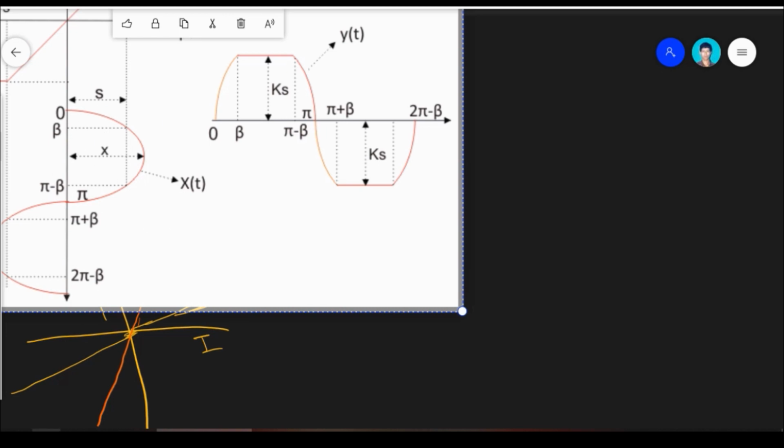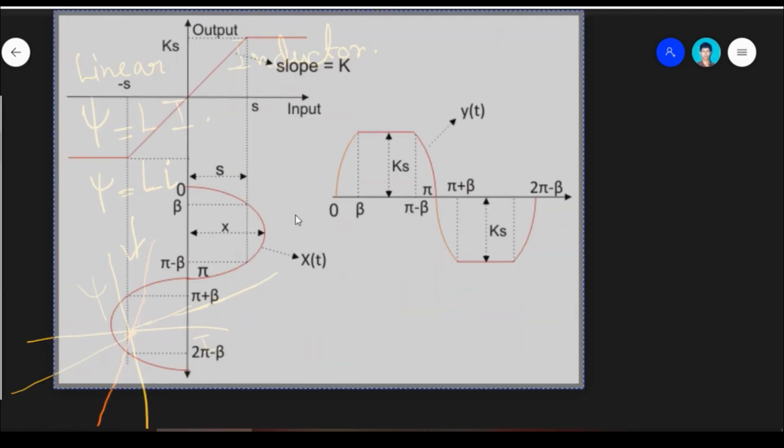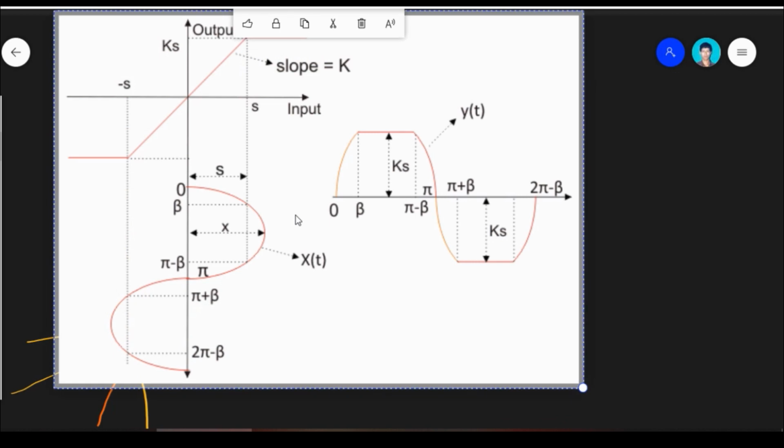Here you can see, sorry, it is somewhat misplaced. Let me try. Yes, fine. So see here, you are giving a sinusoid, but you are getting a periodic but non-sinusoidal waveform.